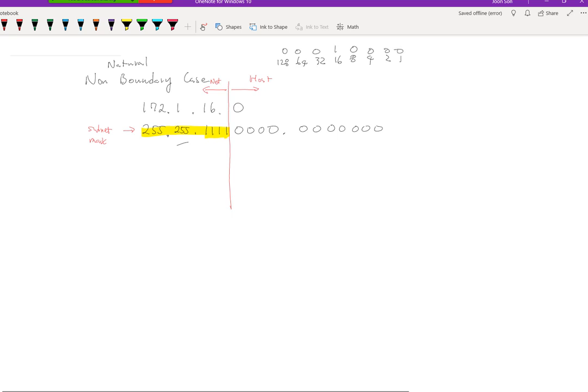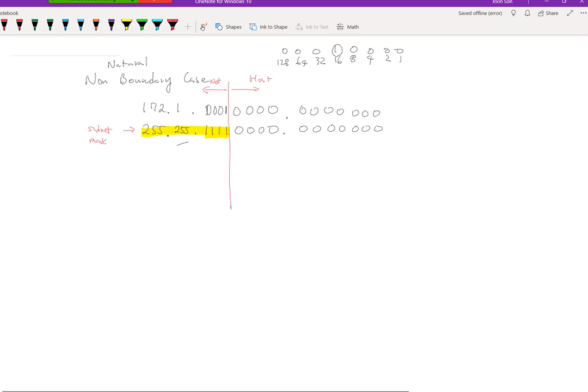Let me change 16 to binary: 0001 0000, and here's a 1, so 1, dot, and then 0000 0000.